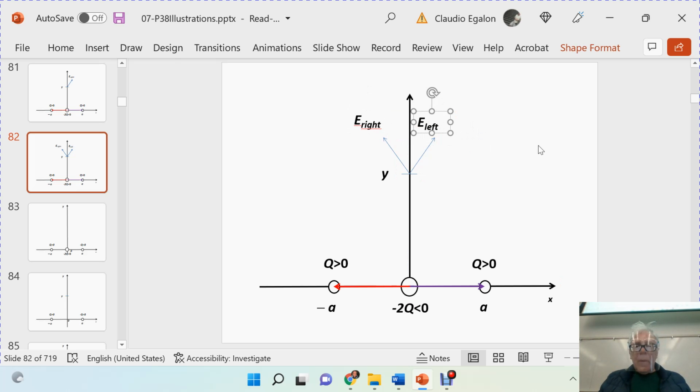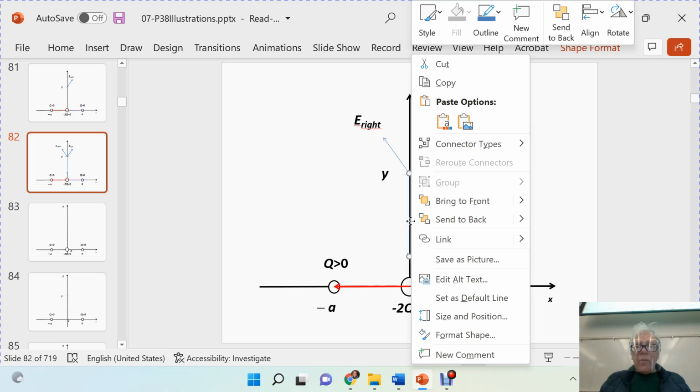Okay. And then we have an electric field due to this major charge here that is going to be pointing downward, and it should be a larger vector because the charge is bigger and also the point is closer to that charge.